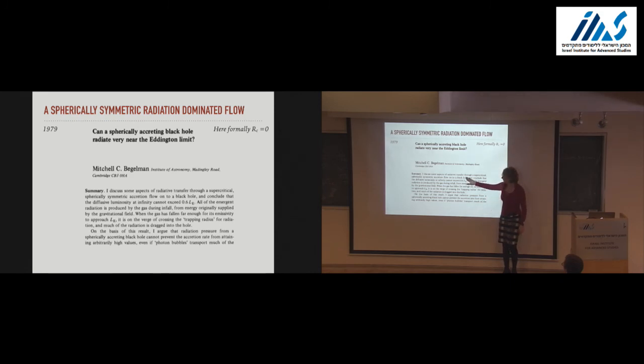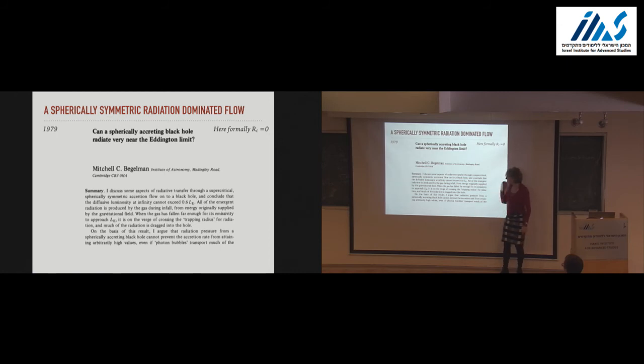And what you find is that as the gas falls in, part of the potential energy is converted into internal energy, which is mostly in radiation. Most of the energy is advected into the hole, and a fraction leaks out. At infinity, we can see an Eddington luminosity.